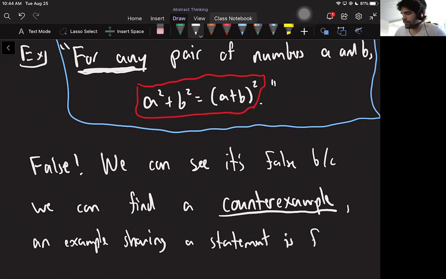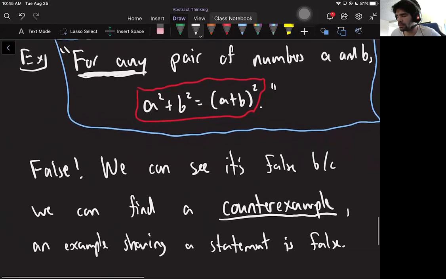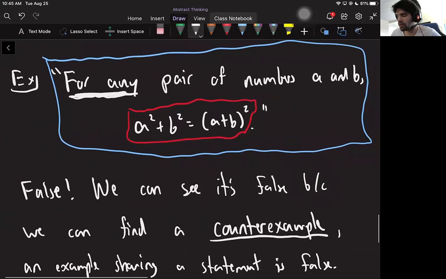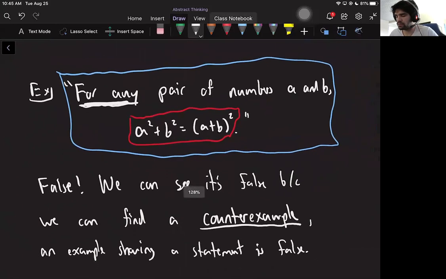So this can be done because the statement is trying to make a claim for any pair of numbers. And that means that for the statement to be true, it's got to always work for any pair of numbers. So if I can find a pair that don't work, what I'm saying is you're wrong. It doesn't always work because here's two where it doesn't work.